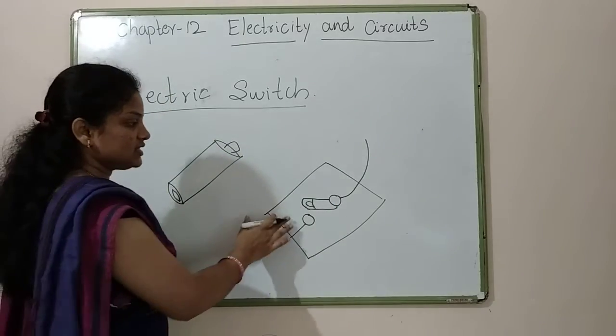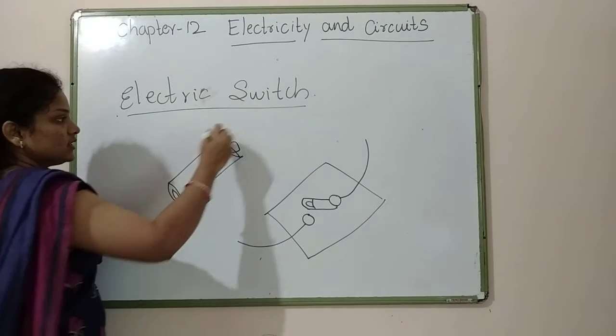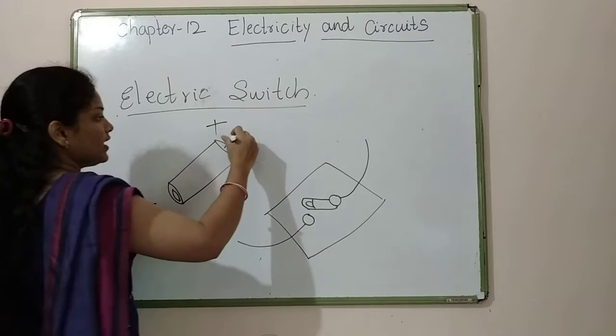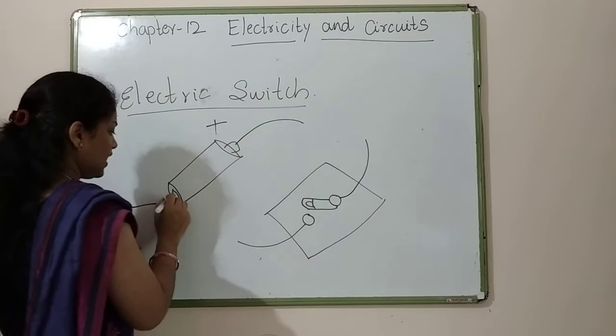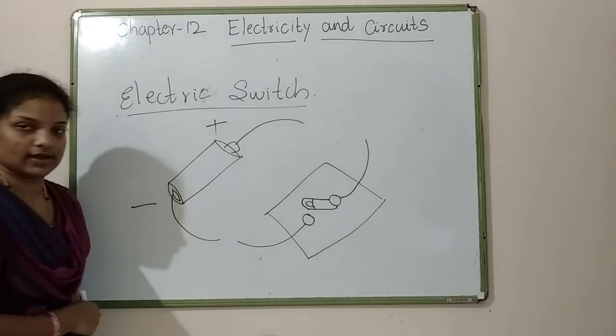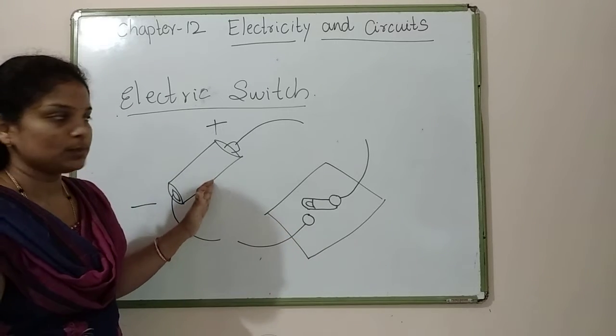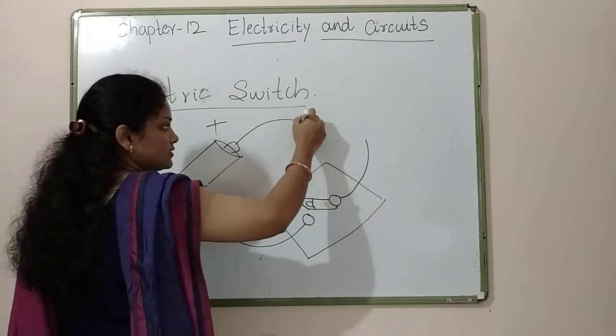So this is the first setup, and for the other setup, this is positive and negative. You have to take one wire, connect it to this side and another to this side. After you do this setup, just attach these 2 wires.